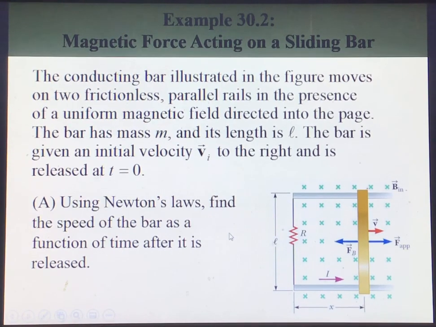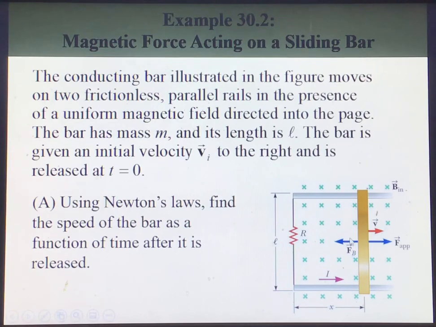What we're trying to do here is this: we know that in the presence of a magnetic field, there is going to be some magnetic force acting on this bar right here. The magnetic force is going to be pointing to the left.